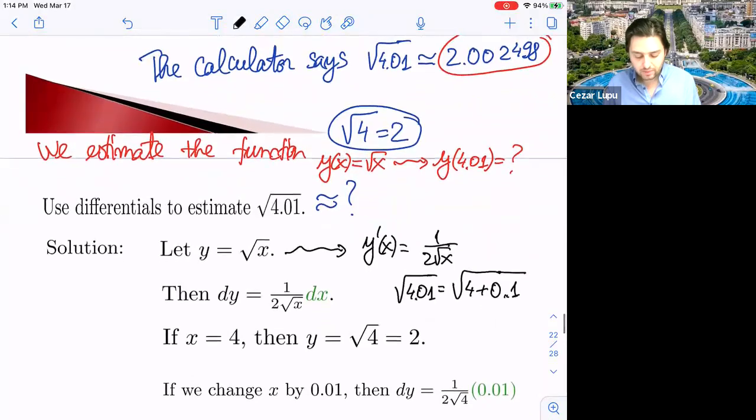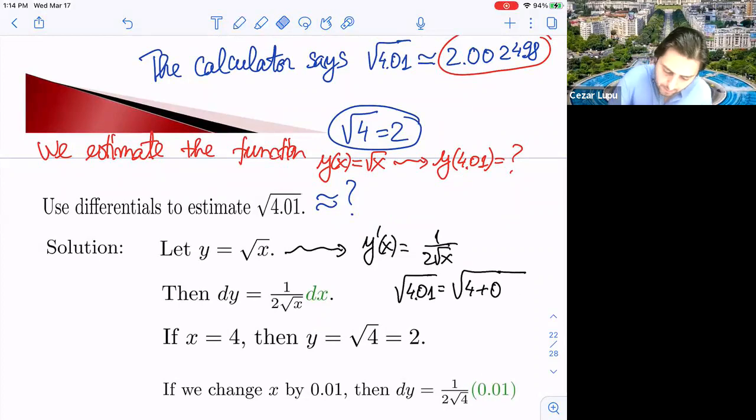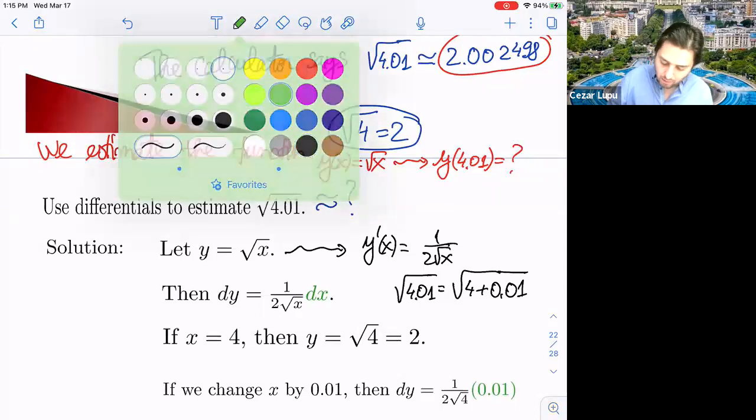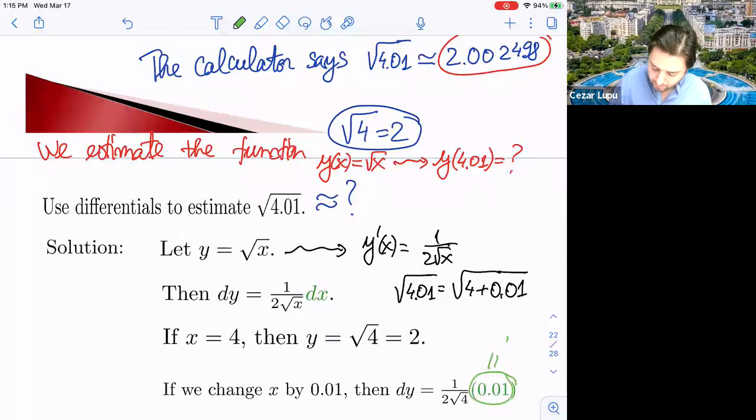Sorry, here it's 0.01. So if we change this by 0.01, then the differential evaluated at that will be, so this guy is dx, as you can see here.